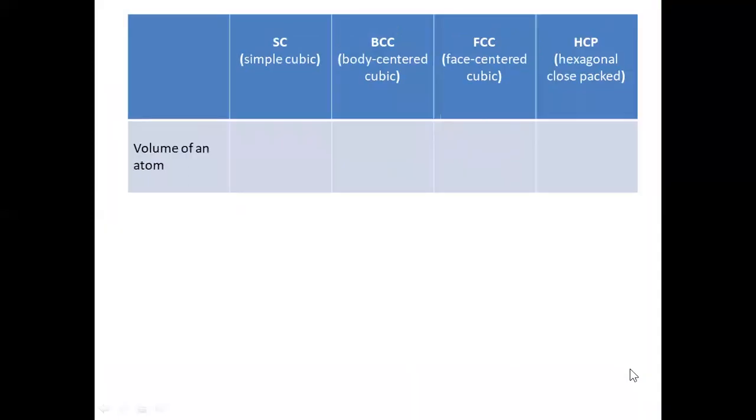Now, let's calculate the volume of the atoms for SC, BCC, FCC, and HCP. Since SC has a single atom, the volume of the atoms would be equal to 1 multiplied with the volume of the spherical atom, four-thirds pi r cubed.